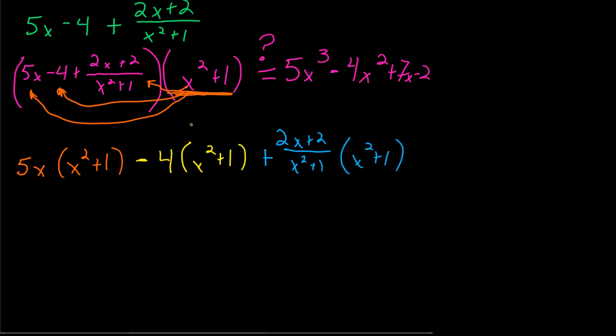So I have distributed across 3 terms. Normally we've been doing 2 terms for distribution, but I've now distributed across 3 terms. This sets me up with 1, 2, 3 more multiplications I need to do.